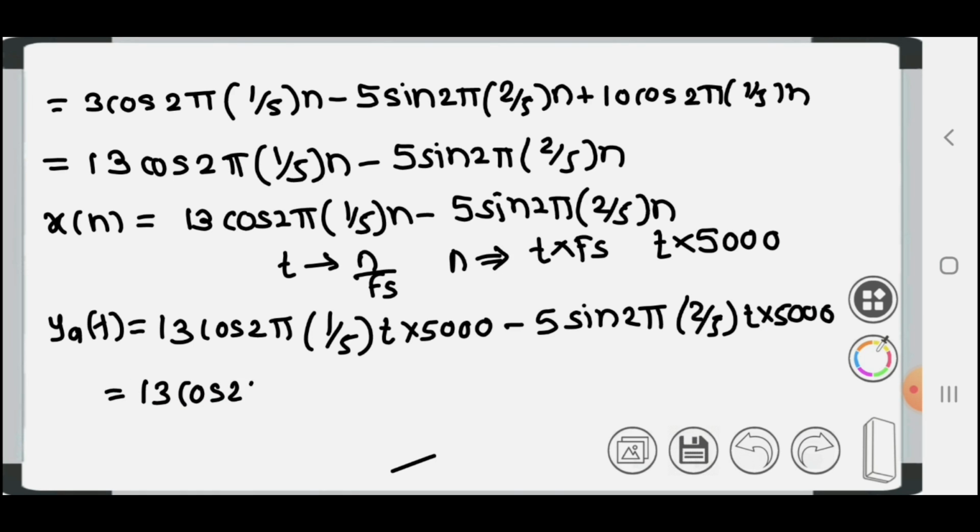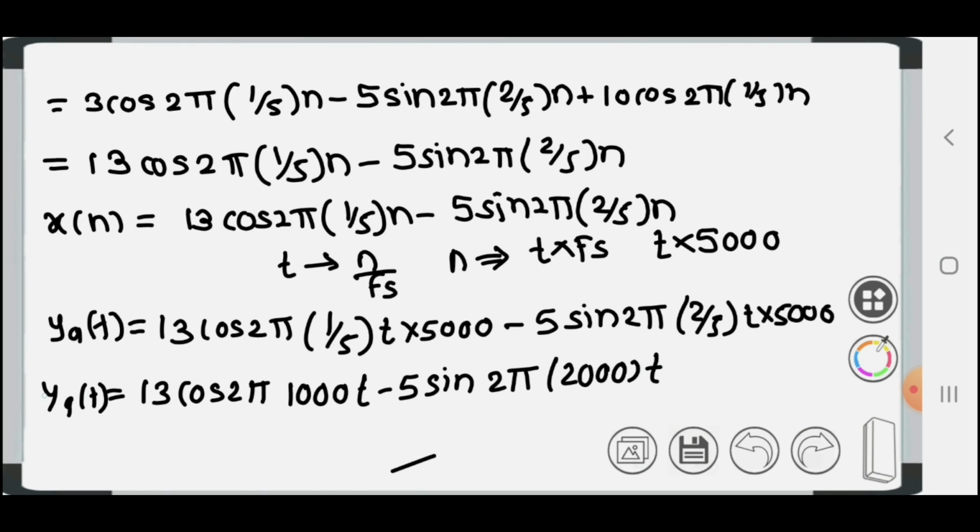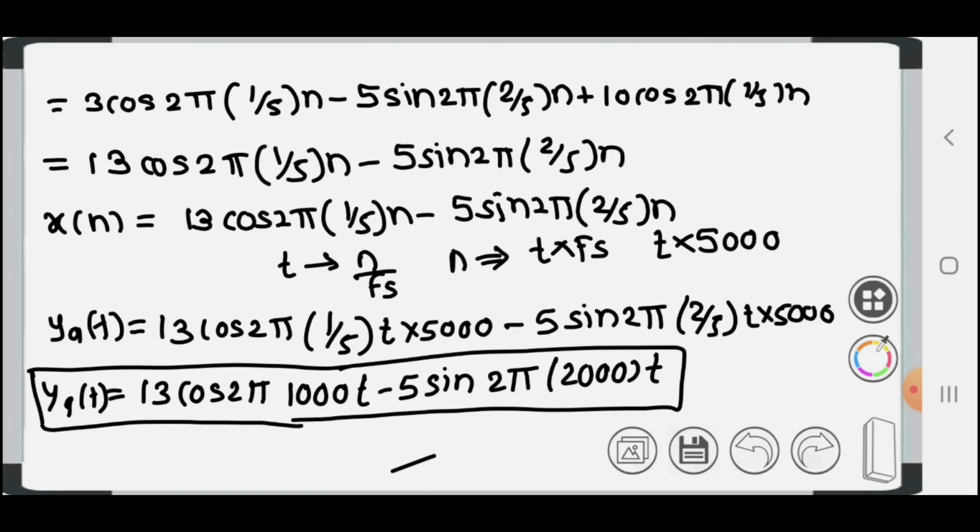So it will become cos 2π, this 5 we will divide into 5000, so it will become 1000 t, minus 5 sin 2π. Again we divide 5000 by this 5 and multiply by this 2, so 2π 2000 t. So this is our reconstructed signal.